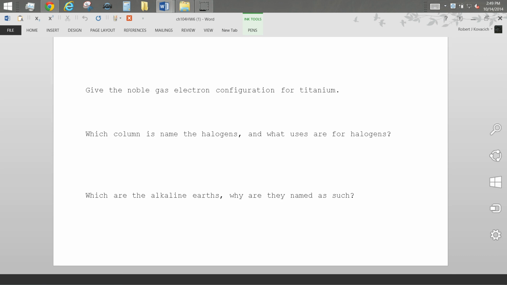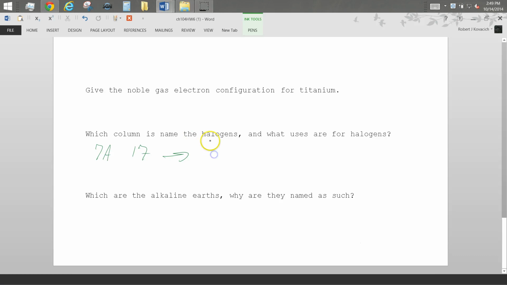We had, which column is named the halogens? Okay, so which column is that? It's either column 7A or column 17. Either one of those is fine. And they're used for what mostly? Disinfecting.